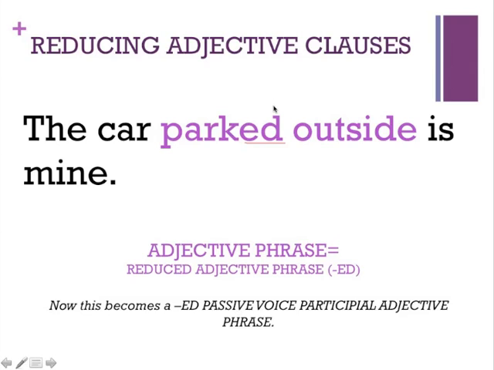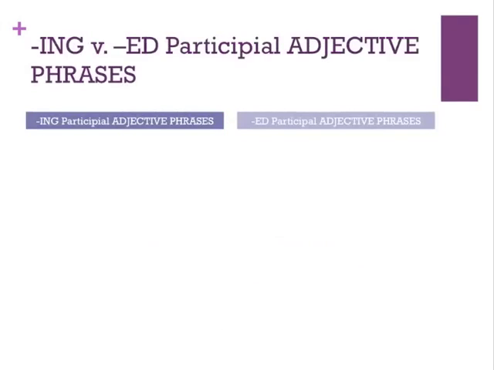In other words, we kept the participle, even though it's still describing the word car. In this case, we removed the subordinating connector and the helping verb and created an ed passive voice participial adjective phrase. And again, textbooks will often refer to it as just an ed adjective phrase.